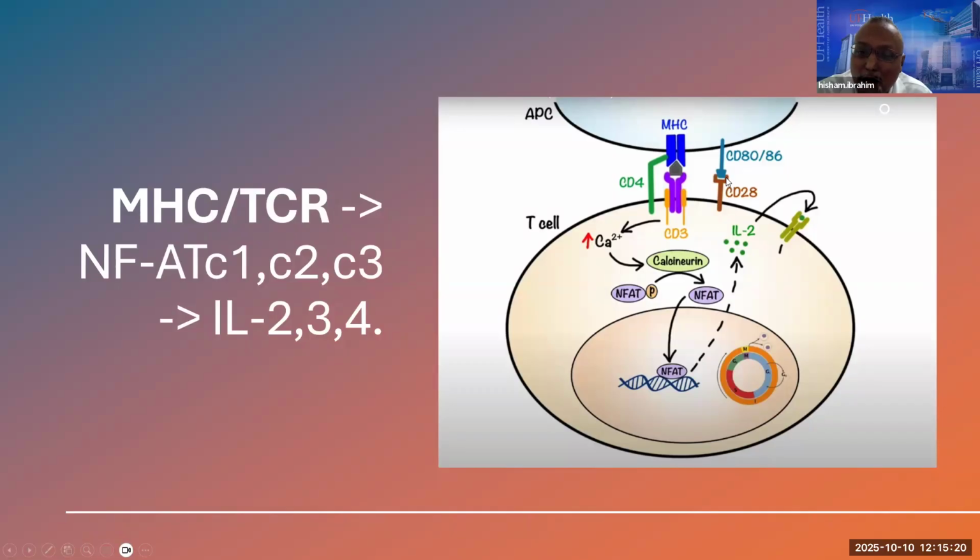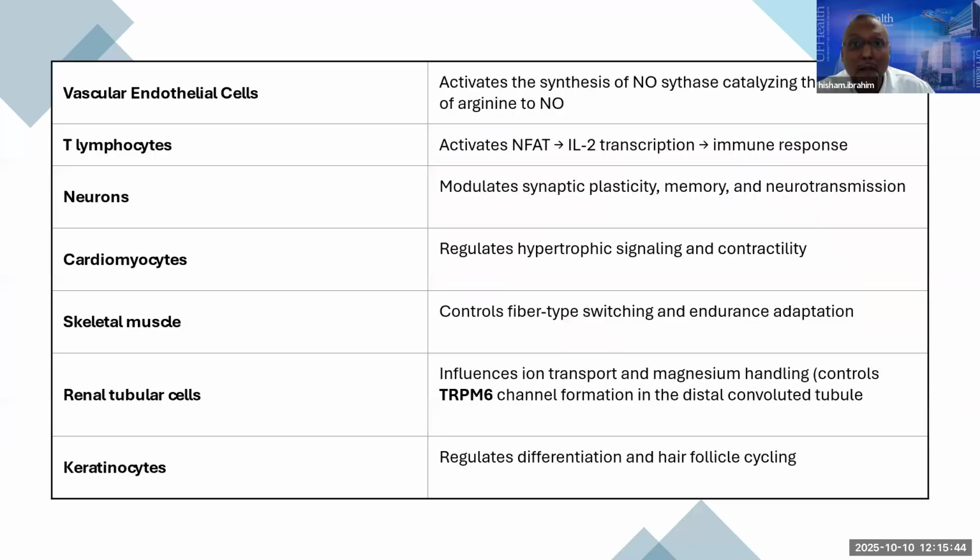When this cross linkage occurs, the calcium channel opens up and calcium is released. Calcineurin is activated, NFAT is dephosphorylated and activated, goes into the nucleus, and stimulates the production of interleukin 2, which is how the T cell is activated.